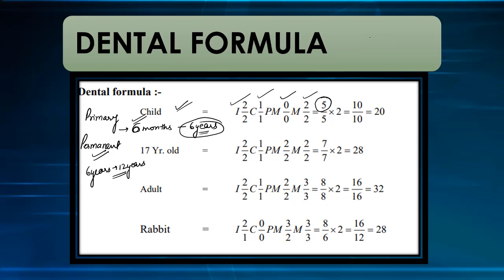If we divide the mouth into 4 quadrants, right upper, left upper, right lower, left lower, each quadrant has 2 incisors, 1 canine, no premolars, and 2 molars in primary dentition. So 5 per quadrant.